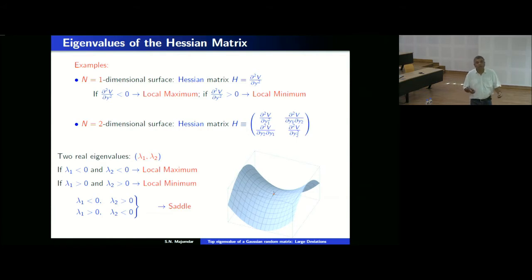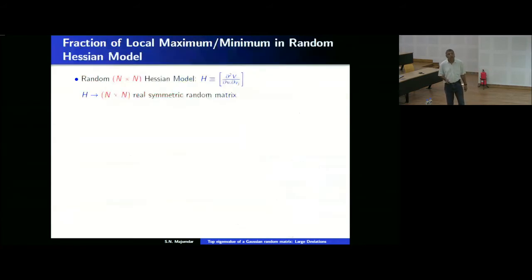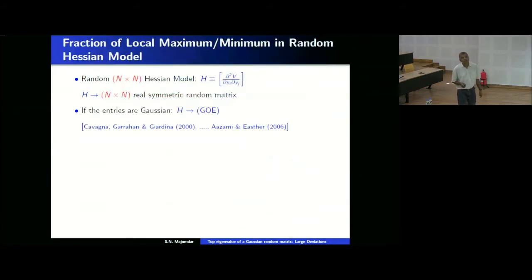Of course that depends on how you model your landscape V. The simplest model is called the random Hessian model. This is not a very realistic model, but at least it gives you a lot of insights.